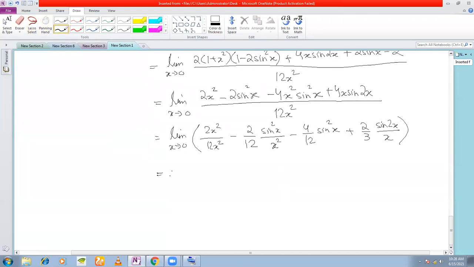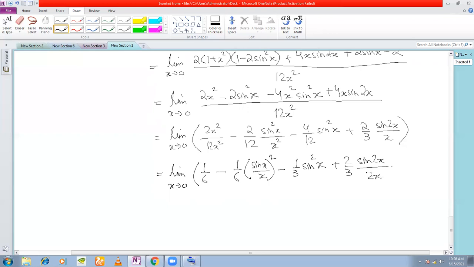So this is limit x tends to 0, 1/6 minus 1/6. You can write this as sine x by x whole square minus 1/3 sine square x, and plus 2/3, because you have a sine 2x in the numerator, you write this as sine 2x by 2x and you multiply this by 2.